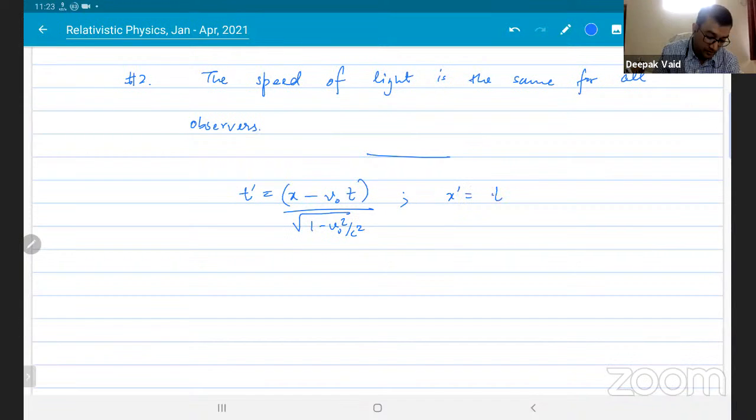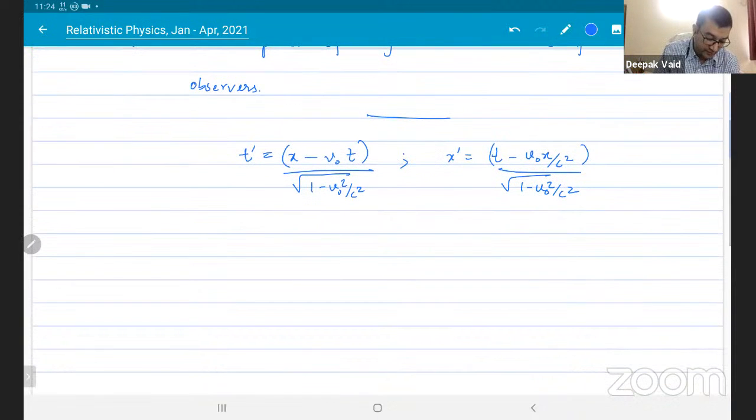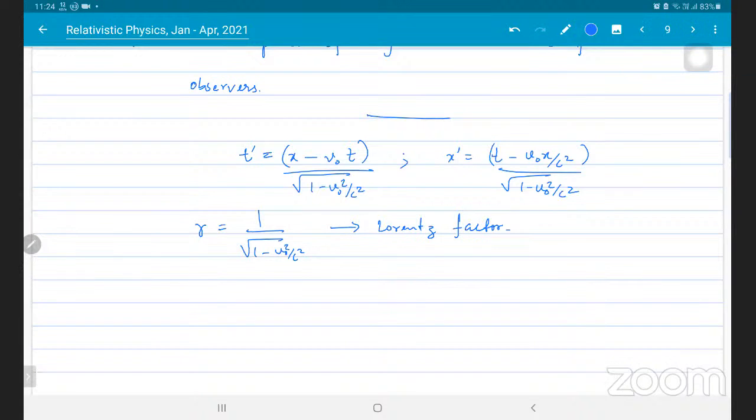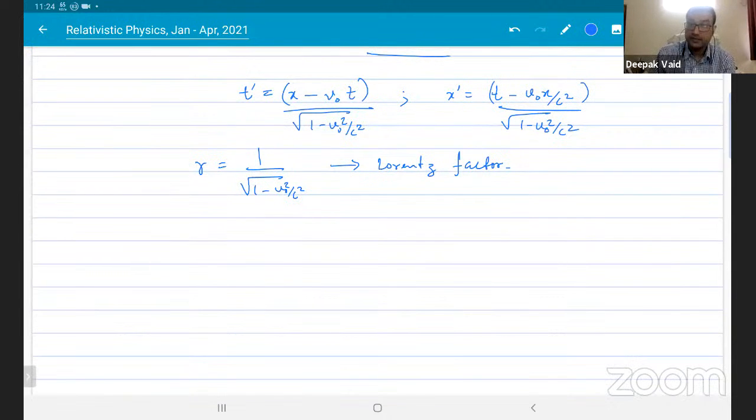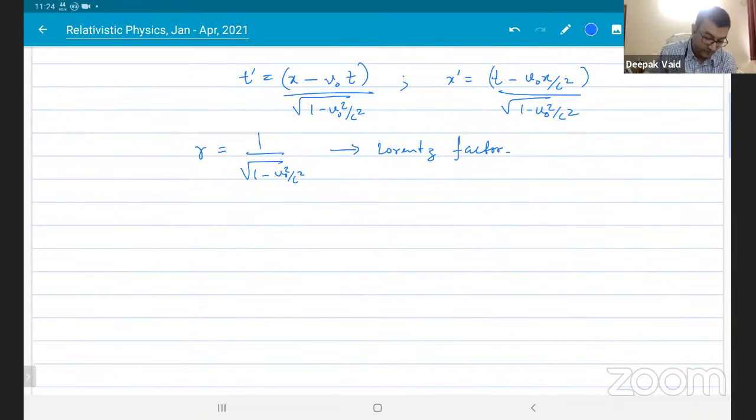And this factor gamma is called the Lorentz factor. Now, this transformation connects coordinates in one frame of reference to those in a different frame of reference, moving with respect to the first frame of reference with some velocity v in the x direction, right?